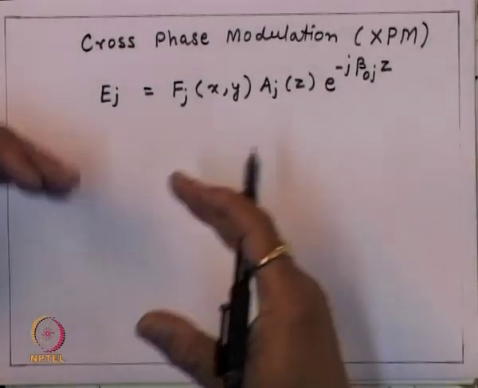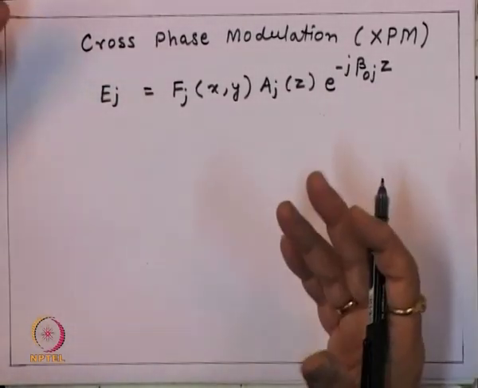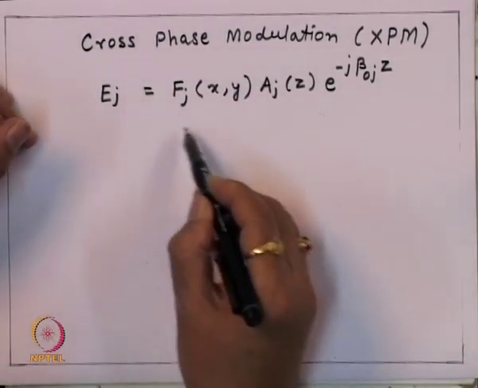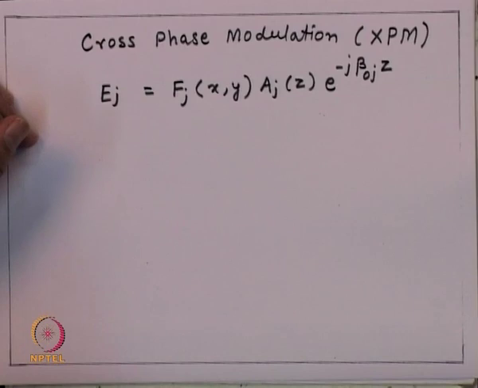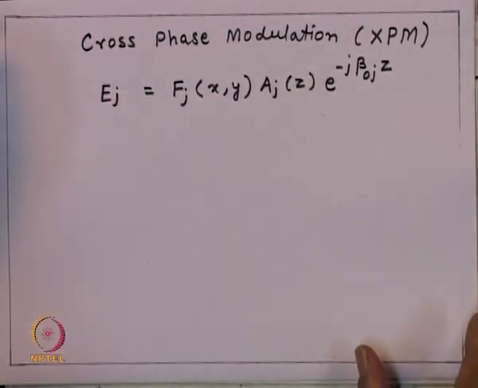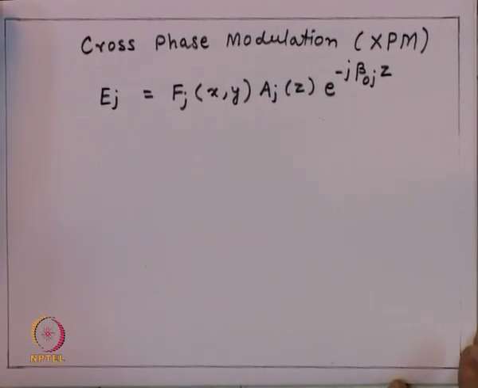So, if you do the same steps what we have done for the self phase modulation, we again would get two equations, one would govern this field distribution and other one will give the evolution of the envelope as a function of distance on the optical fiber.